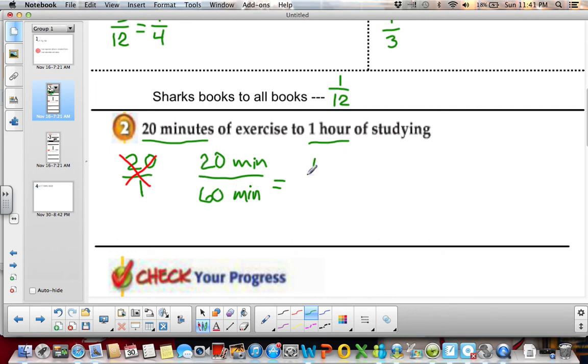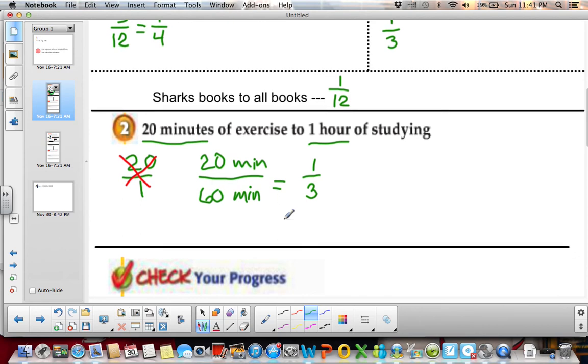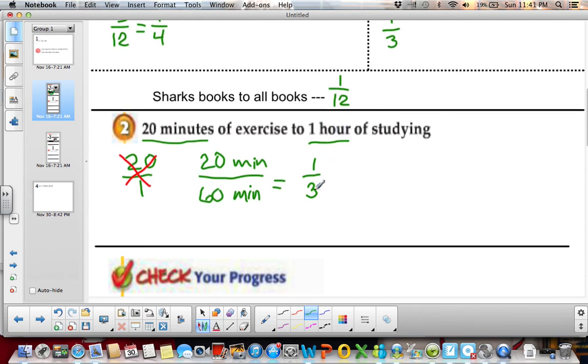So 20 divided by 20 is 1. 60 divided by 20 is 3. So that tells us that for every 3 minutes of studying, you will do 1 minute of exercise, or 1/3 of the time would be spent exercising, or 1/3 of an hour would be spent exercising.